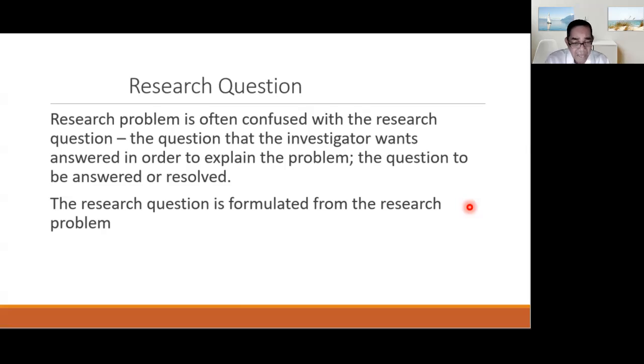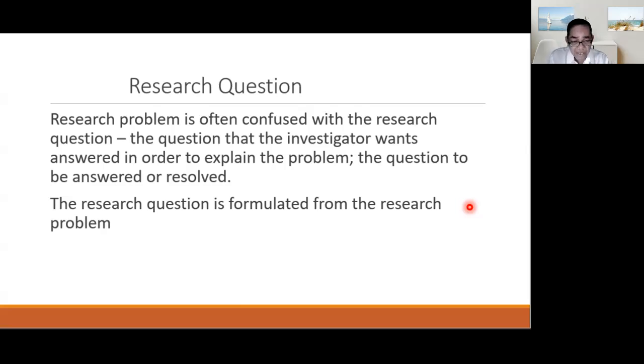Class, may I emphasize to you that when people talk of a research problem, they are often talking of a research question. But the research problem is really different from a research question.